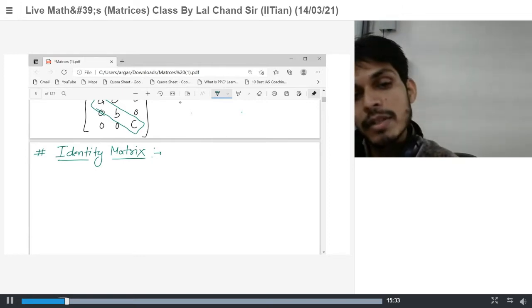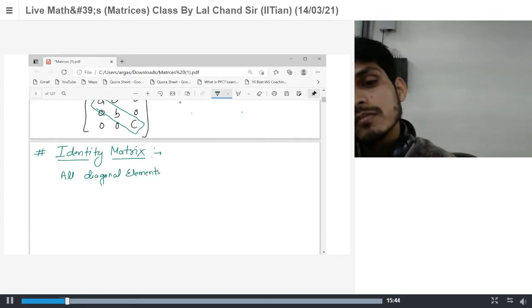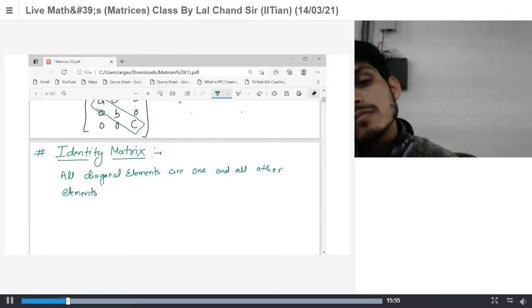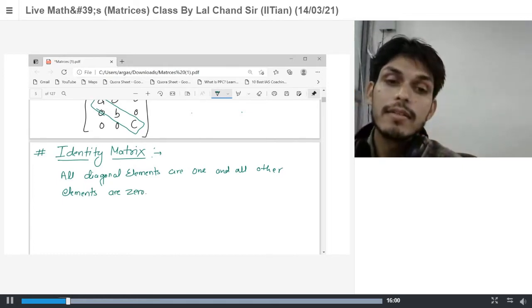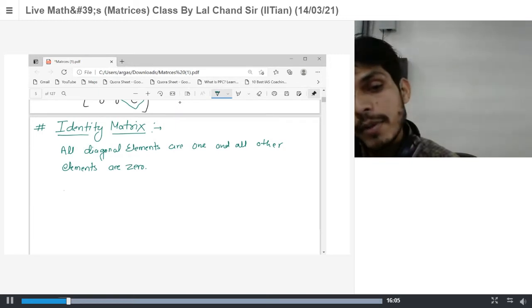We denote the identity matrix by capital I.